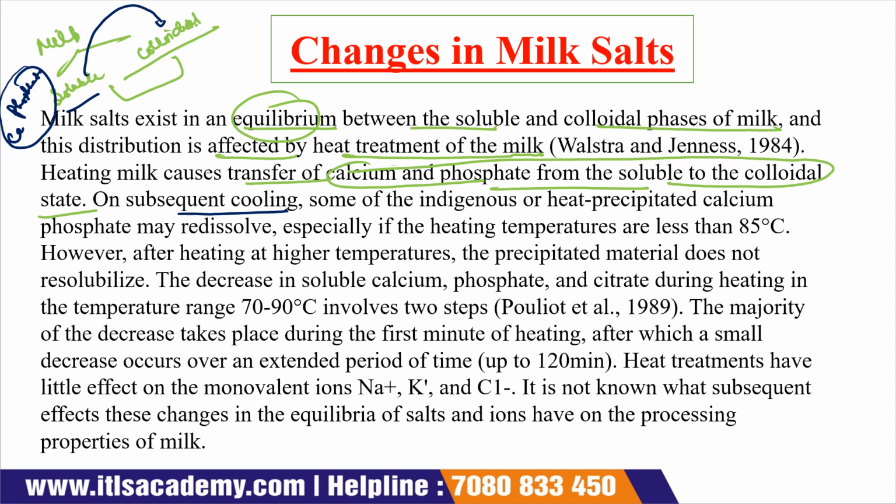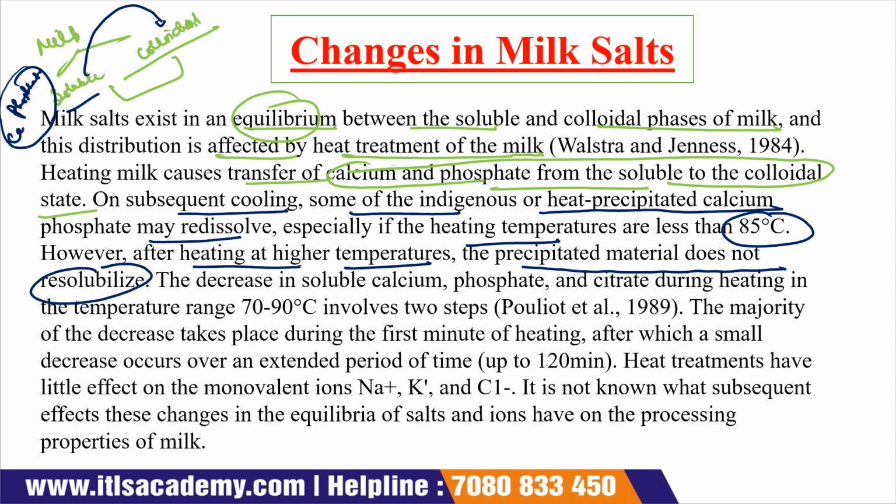On subsequent cooling, some of the indigenous or heat-precipitated calcium phosphate may be redissolved, especially if the heating temperature is less than 85 degrees Celsius. However, after heating at a higher temperature, the precipitated material does not resolubilize. Okay.